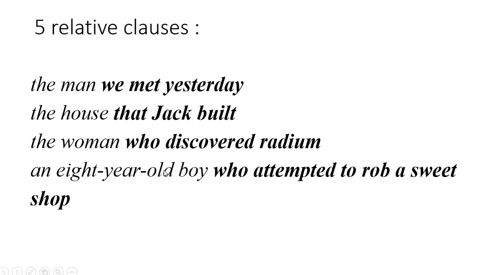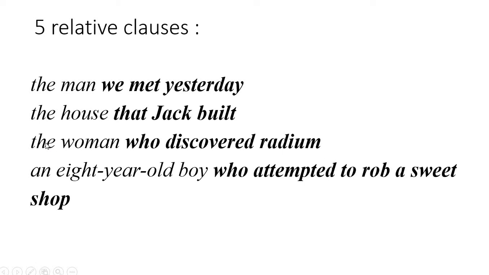Okay, it is made of 1, 2, 3, 4, 5. Right? Where is the head here? It's boy. Very good, yeah. The woman, it's a noun phrase. Where is the head? Woman. The house, it's a noun phrase. Where is the head? It's house. The man, where is the head? It's man. This is a pre-modifier, determiner. This is a pre-modifier, determiner.